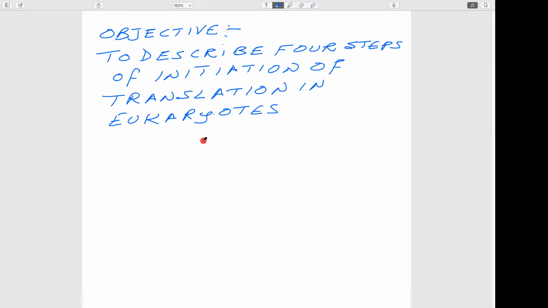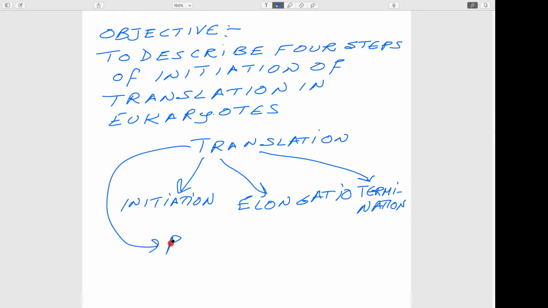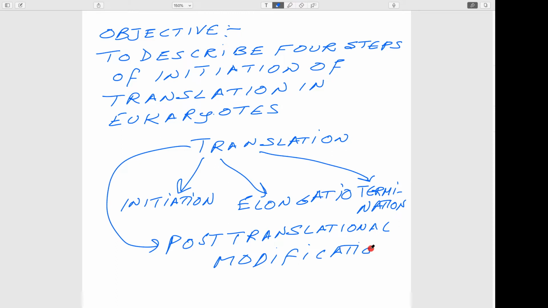When you talk about translation, as usual, like prokaryotes, it constitutes initiation, elongation, termination, and post-translational modifications. So these are the various aspects which take place in translation.